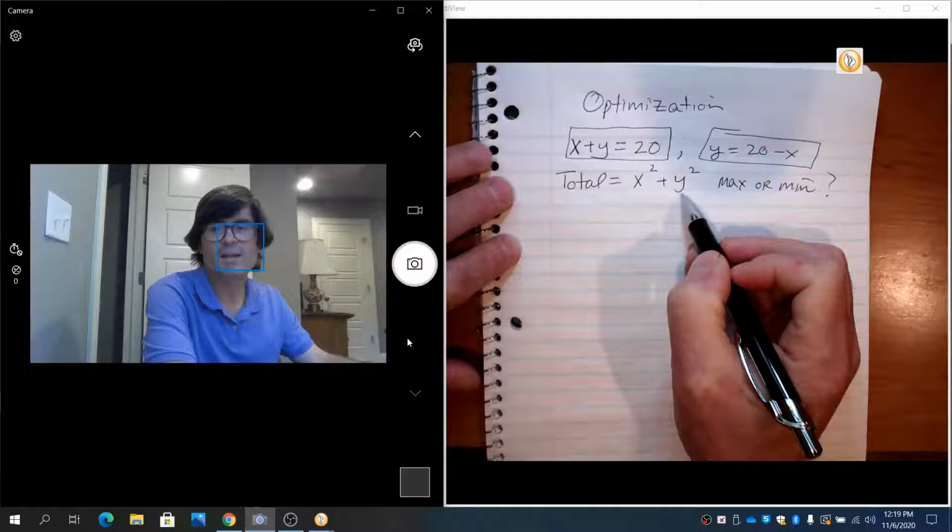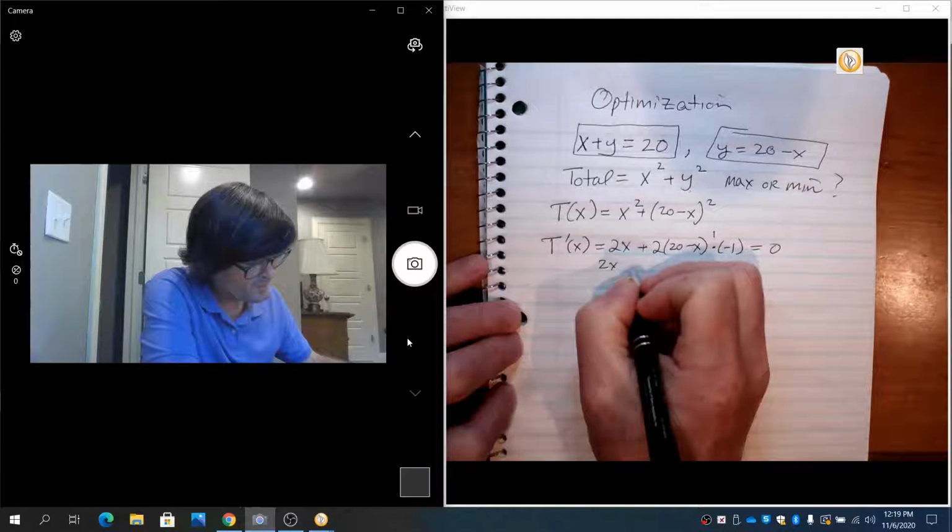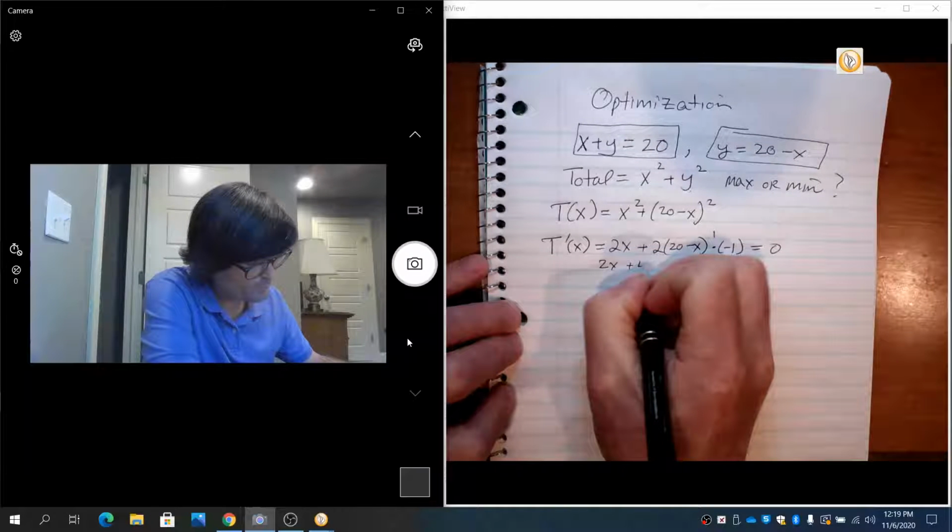We're going to identify critical points by taking the first derivative and seeing where that equals 0. Take the outside derivative for this chain rule, recopy the inside, multiply by the inside derivative, set that equal to 0. What do we have here? 2x plus 2 times (20 minus x), and sorry, all that is times -1, isn't it?